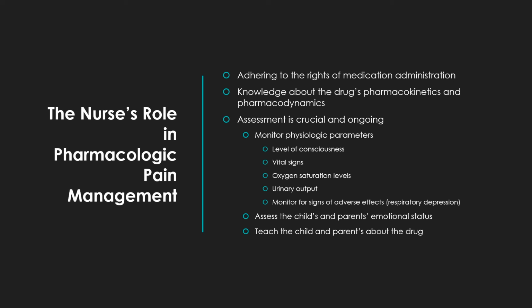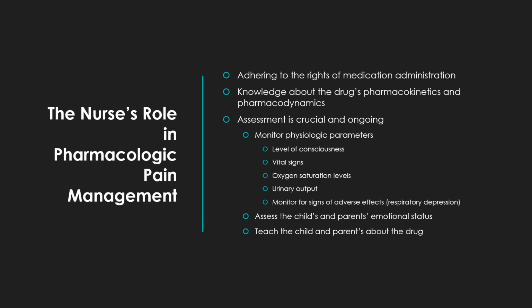So what's the nurse's role in pharmacological pain management? Make sure you're doing your 5 rights before you give that medication. Make sure you know how that medication is going to work in that patient. It's crucial to assess level of consciousness, especially if we're giving opioid type medications, right? We want to make sure we get vital signs beforehand.